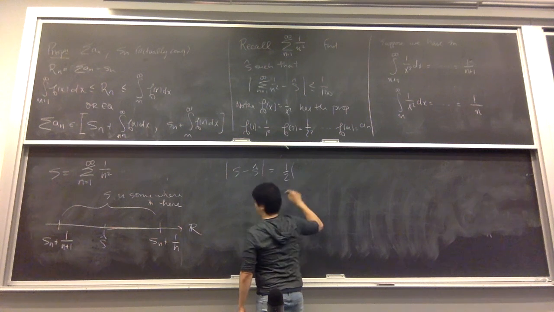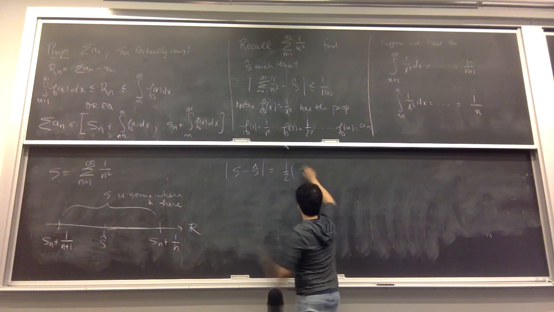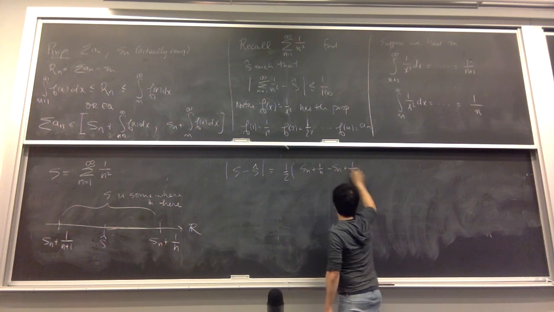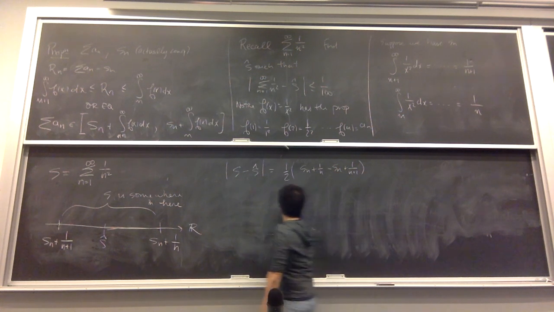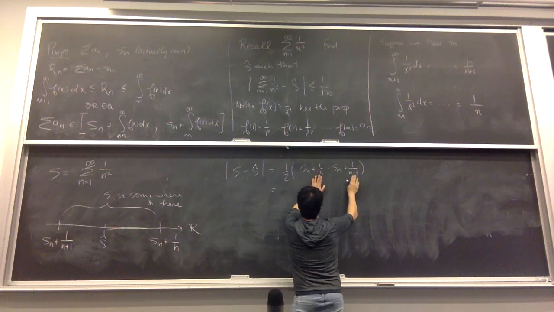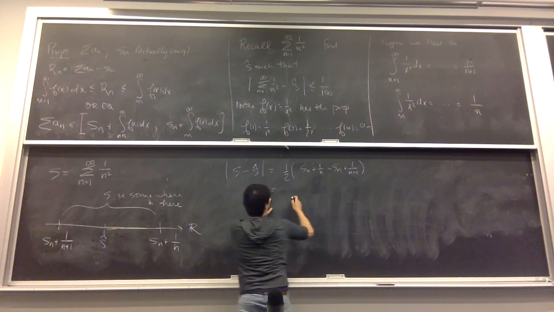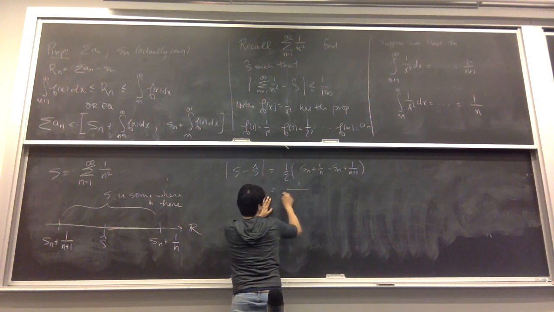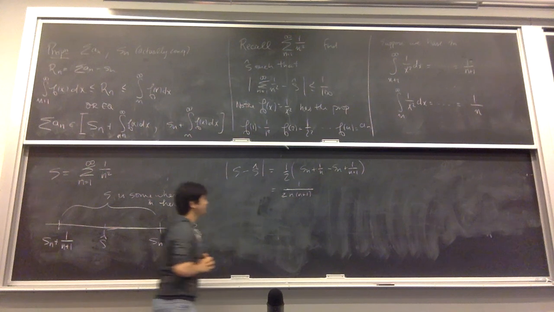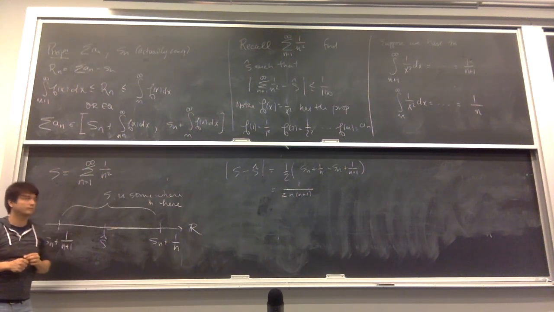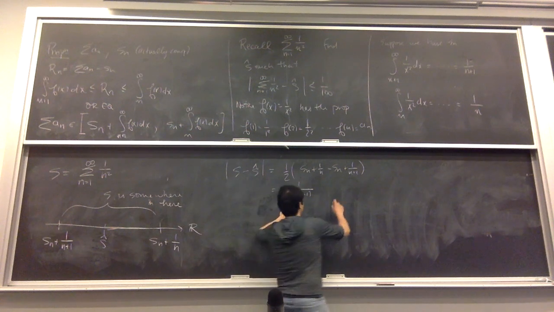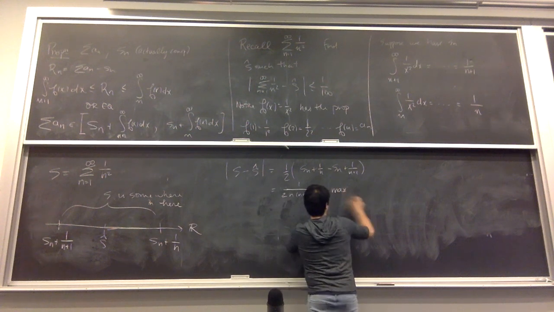So it's 1/2 times the bigger one, Sn plus 1 over n, minus Sn plus 1 over n plus 1, which ends up being what? So these Sn's cancel. If you combine these, you're going to get n plus 1 minus n. So you're going to get 1 over 2 times n plus 1. Okay, so this is the maximum error.